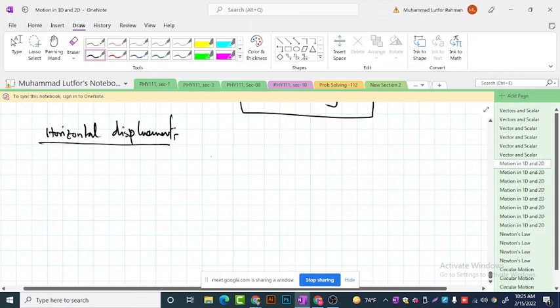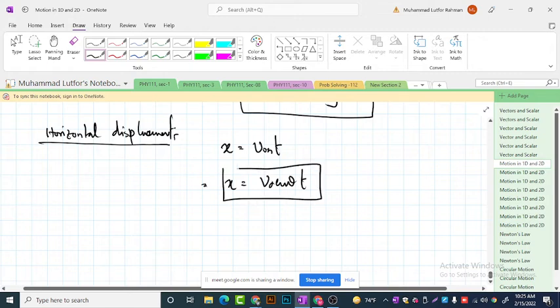It moves at a constant velocity horizontally, so my equation would be x equals v naught x into t, or v naught cos theta into t. Here t is the time of flight, the total time it takes from here to here.